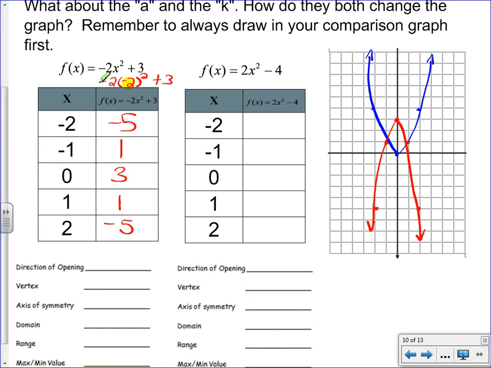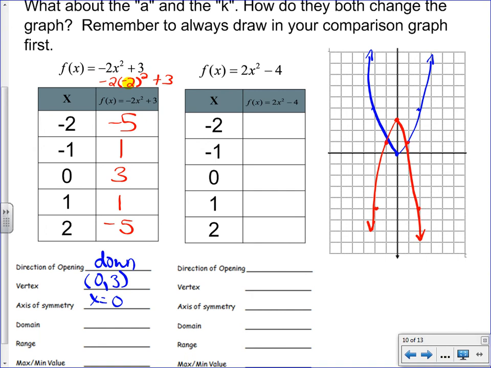Danielle, what is my opening? Good. Carissa, what's my vertex here? Perfect. Laura, what's my axis of symmetry? Very good.